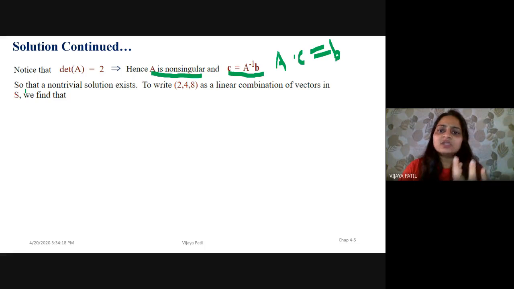That means there is a non-trivial solution, right? And to write 2, 4, 8, what do you mean by that? Non-trivial solution exists means what conclusion can we draw from here?